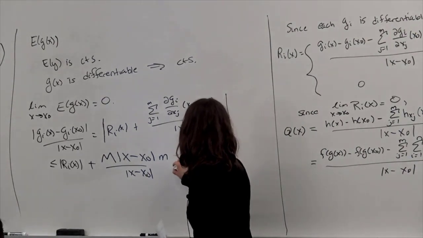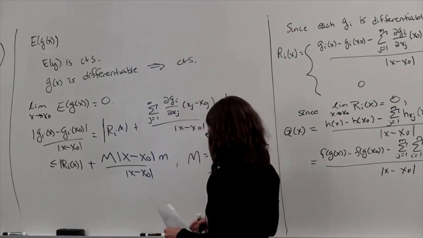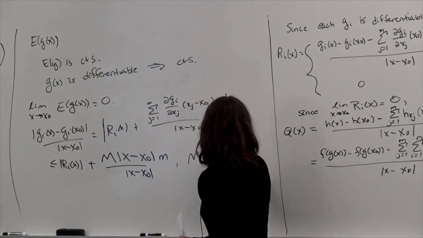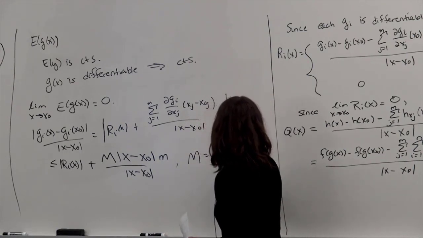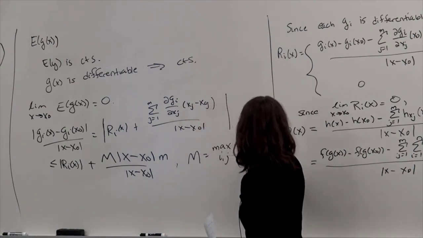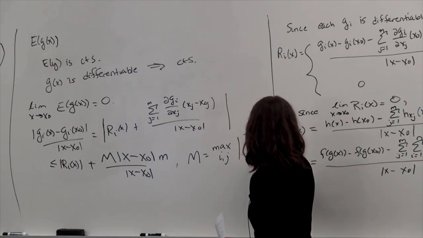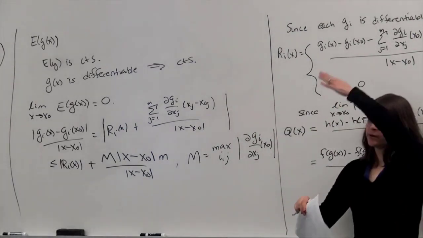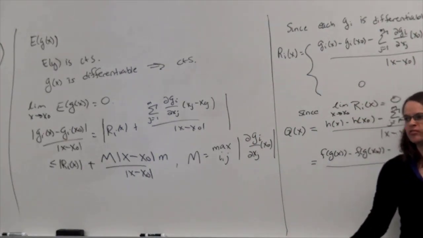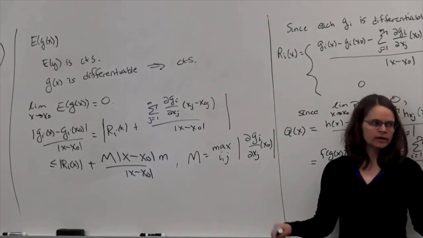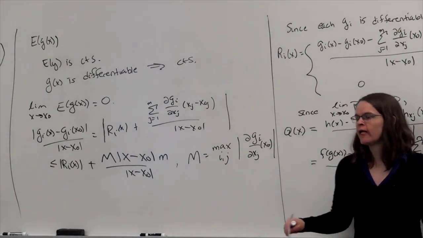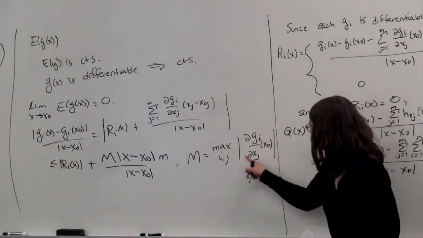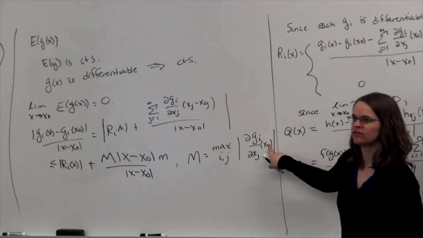Okay, where capital M is going to be equal to the biggest possible partial derivative we get. Again, it's not that I'm taking the partial derivatives as a function and trying to maximize it, which is maybe a dangerous thing to do because we don't always have maxima. I'm taking the partial derivatives only at this particular point x naught, right?